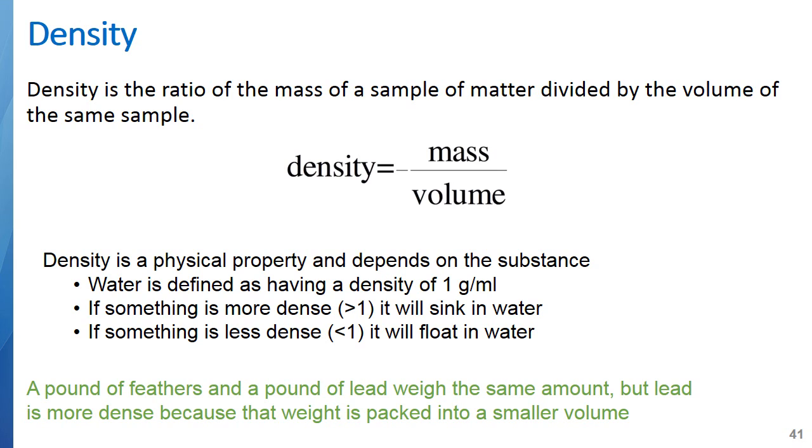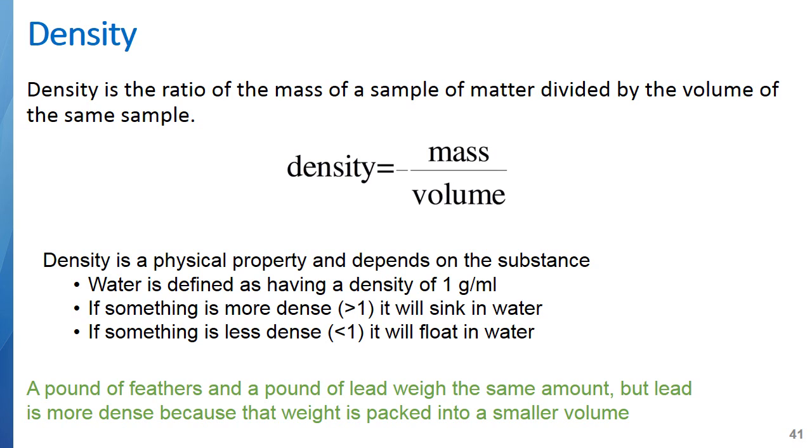And that's because feathers are less dense than lead. So they have less mass per unit volume. If I had the same volume of feathers and lead, the lead would definitely weigh more. If I took a cup of lead and a cup of feathers, the lead would definitely weigh more because it is more dense.